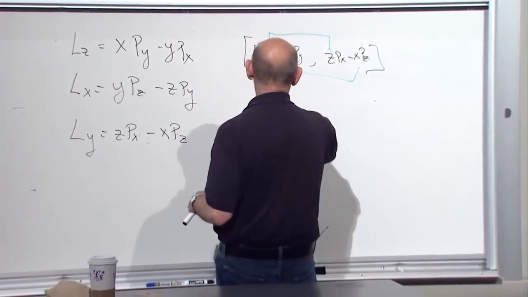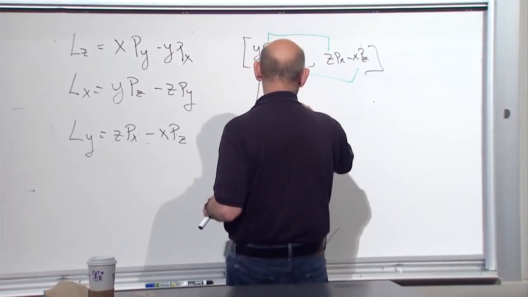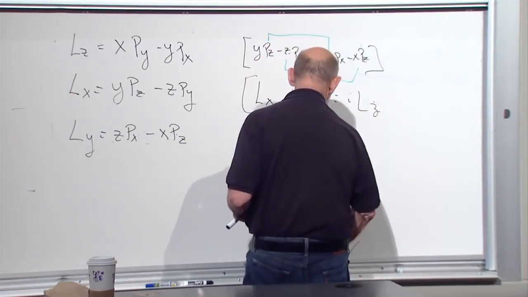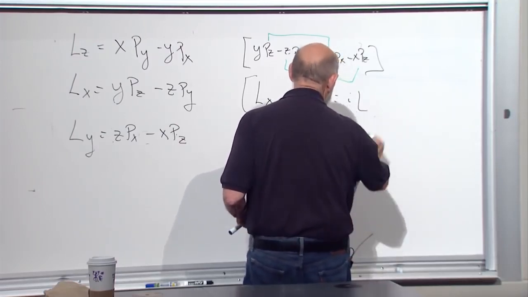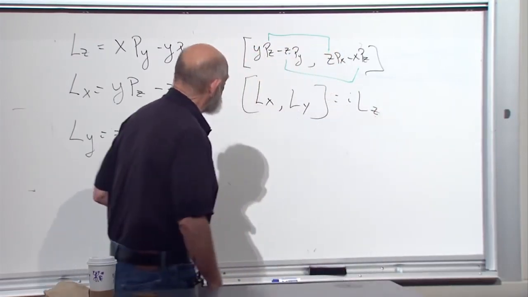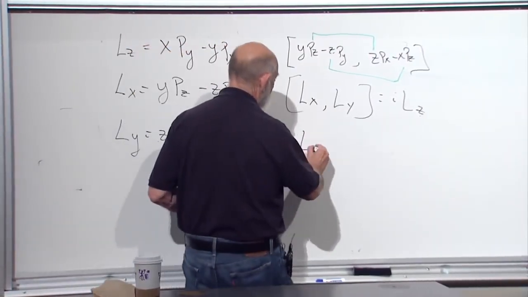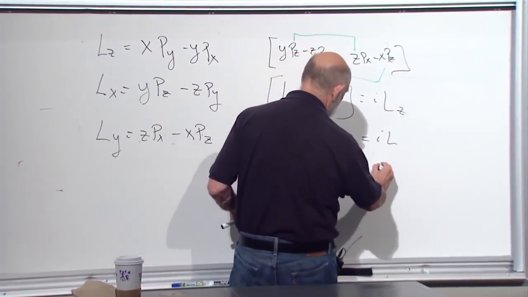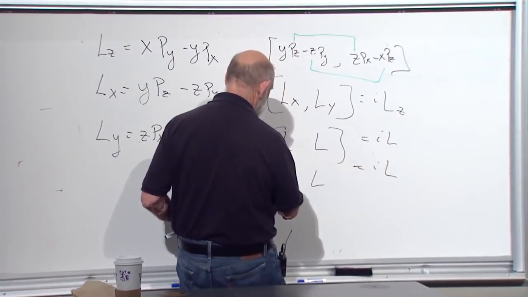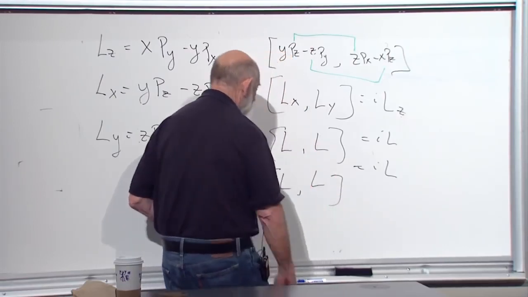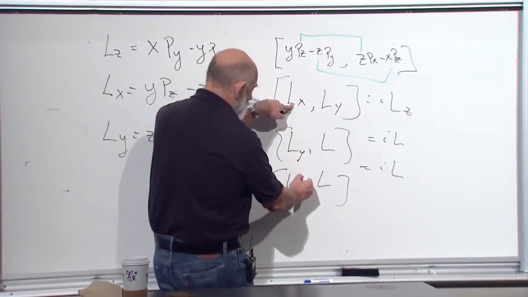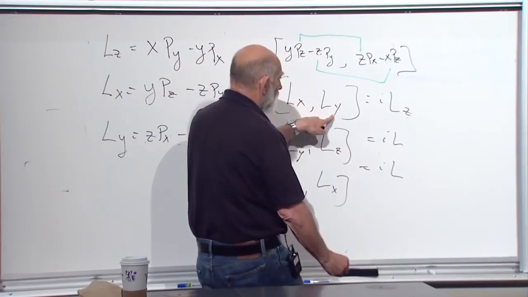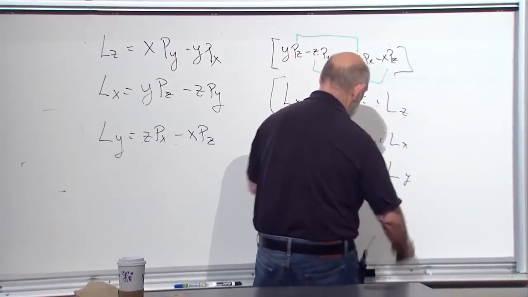This one says that Lx with Ly equals i Lz. And then the trick is always the same, just cycle: x, y, z; y, z, x; z, x, y.